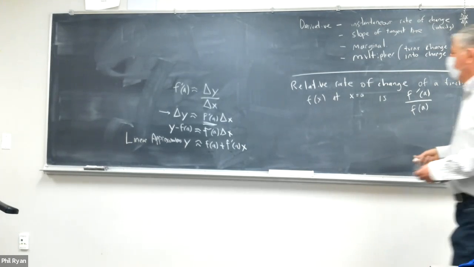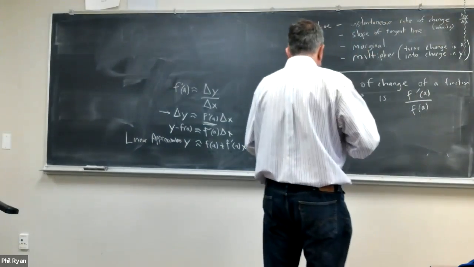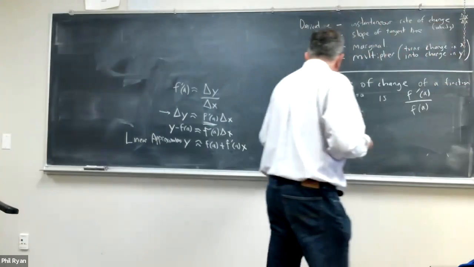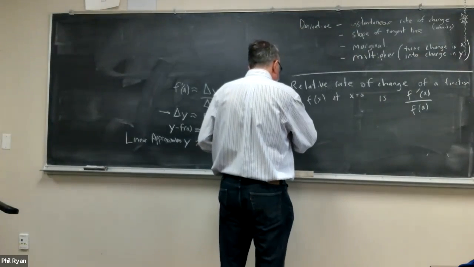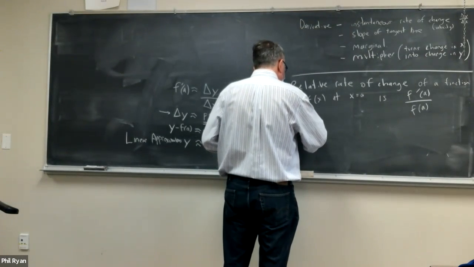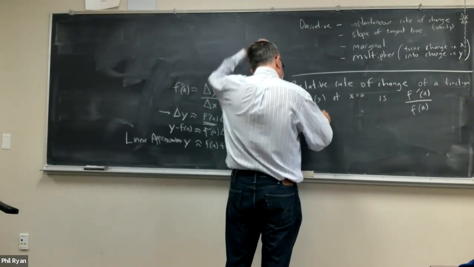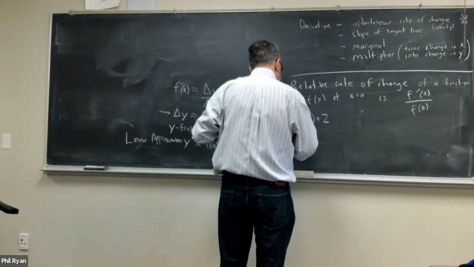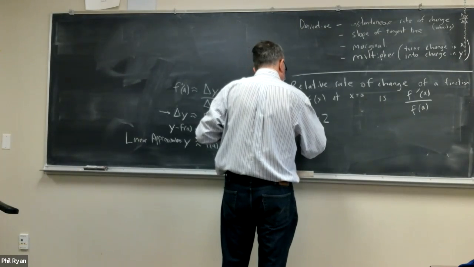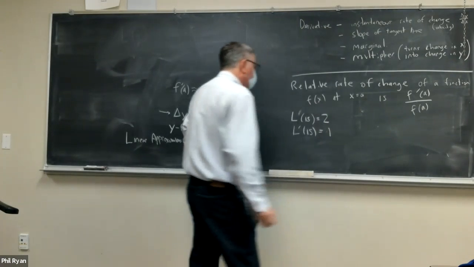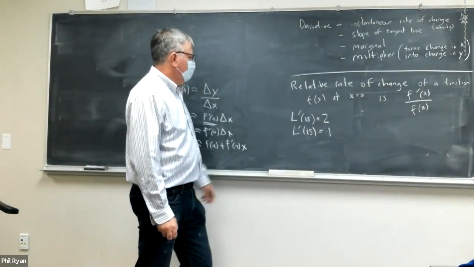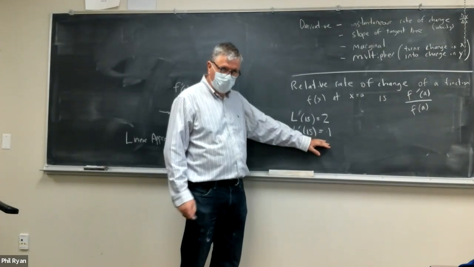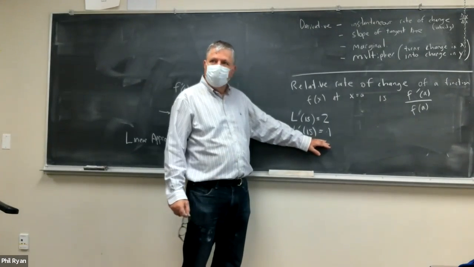Okay, so for example, what was the example I had before? L of 15 is 2, and L prime of 15 is 0.1. So this is kind of like an absolute change. It's hours per friend.